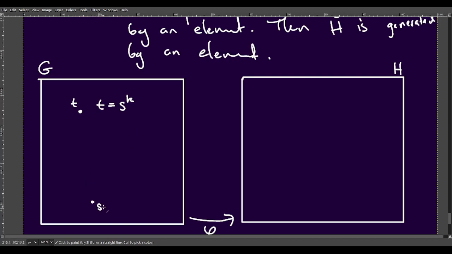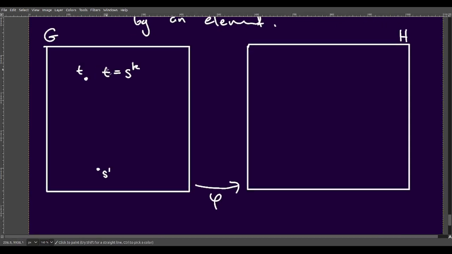So you have S to the power of 1, or S to the power of 2, S to the power of 3, and so on. You have S to the power of K minus 1, and then if you multiply this value by S, finally you'll reach T. And this is true for any element in the set G.